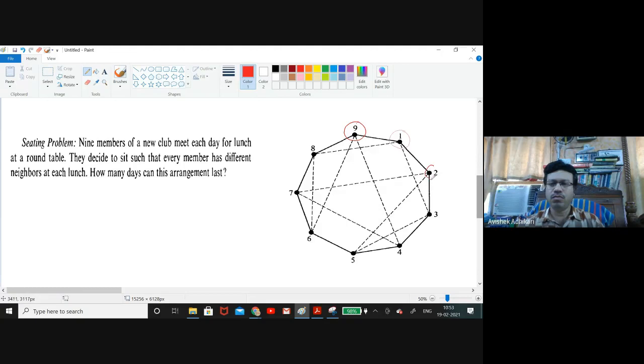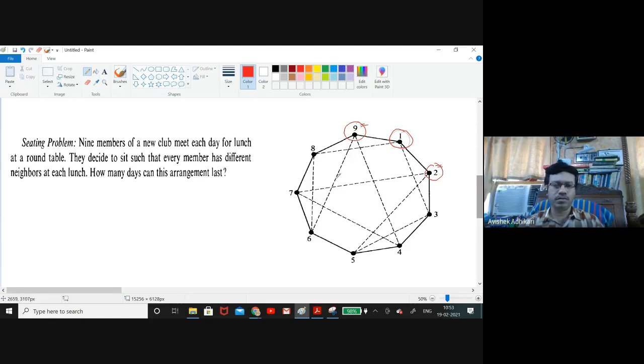So next day, when they are going to sit, they have decided that for the member one, 9 and 2 will not be there. That means in the next day, the neighborhood of 1 cannot be 9 or 2. That means maybe 8 and 3 and so on.